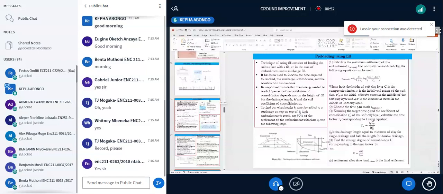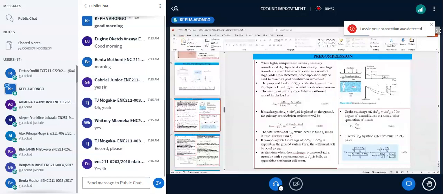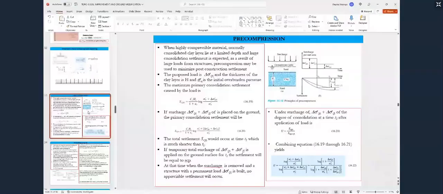Or let me put it this way. What do you think is the main characteristic of fibrous soil?